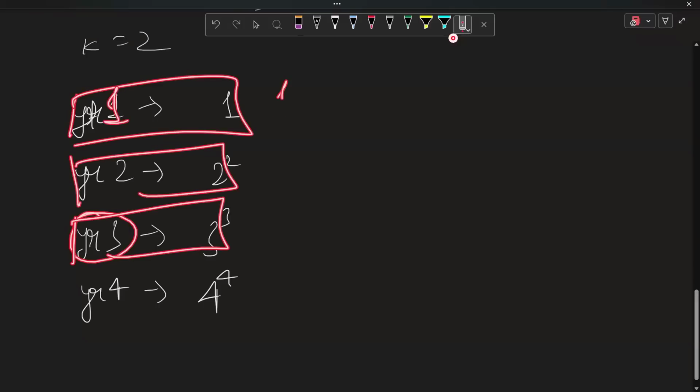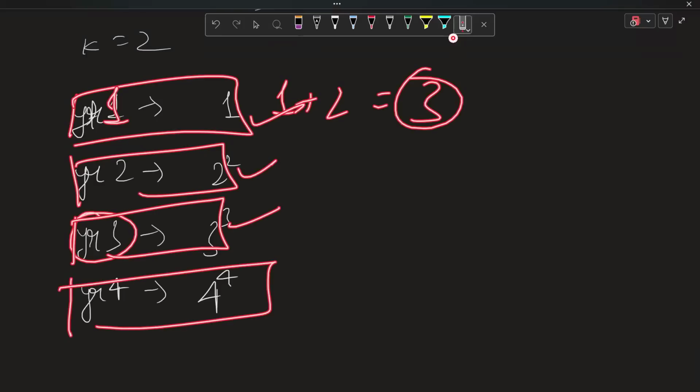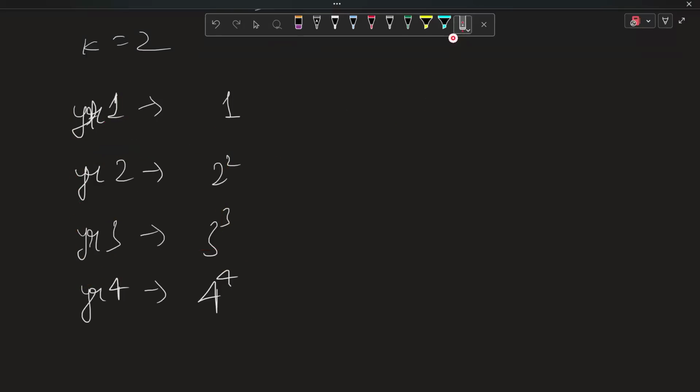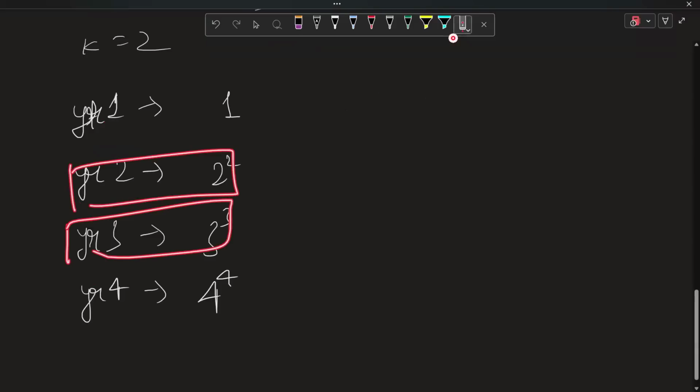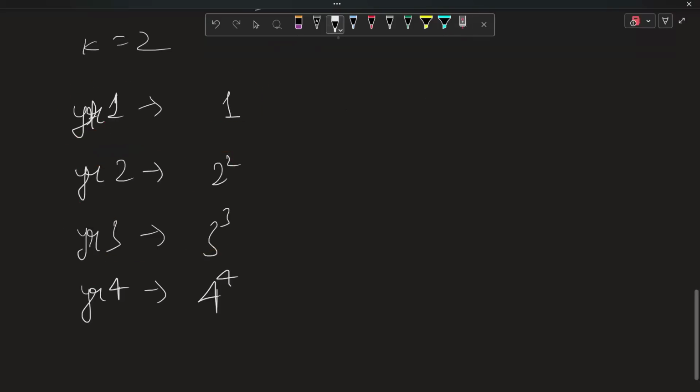For year 1, 1 plus 2 is 3, so it would last only till year 3. For year 4, what all leaves would be lasting? Leaves from year 3 and year 2 would last, but leaves from year 1 would not last because 1 plus 2 equals 3. So this leaf would not last in the fourth year.